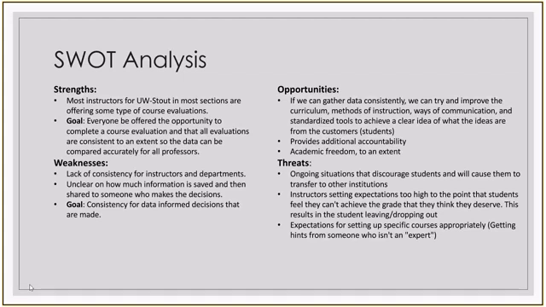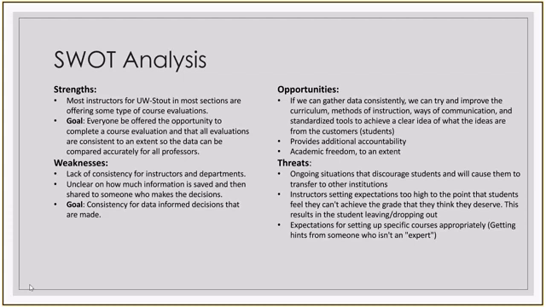When we looked at the threats, we saw ongoing situations that discourage students from completing their degree at UW-Stout. Also, instructors may set the bar of expectations at levels at which they are unachievable.